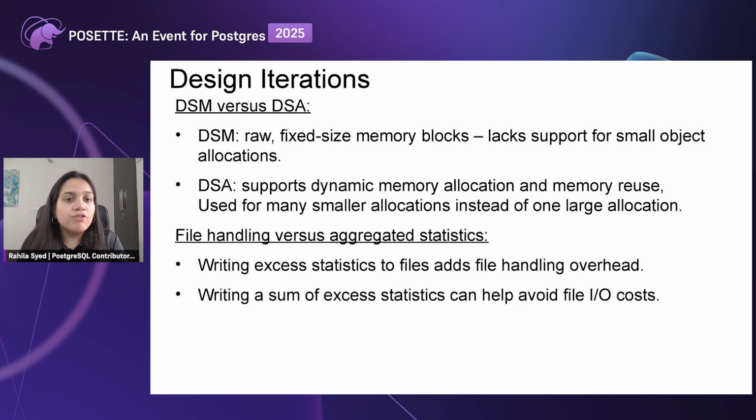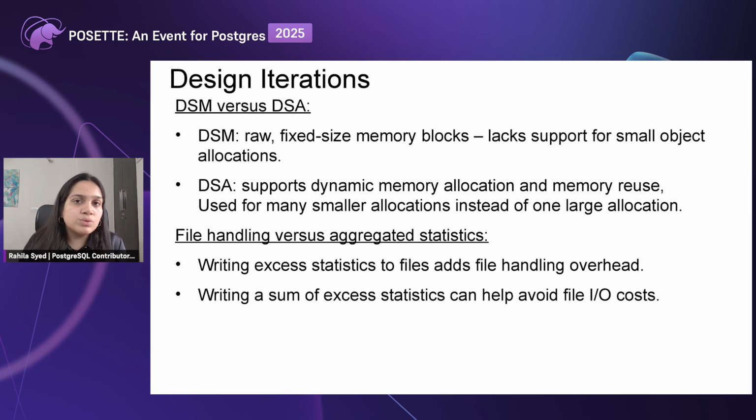Let's look into file handling versus aggregating statistics. So essentially, as I explained, the memory context can grow to a very large value, and we can't store all the contexts in RAM. Probably we don't want to use so much RAM for this particular feature. So we need to limit the memory footprint of this feature, and all the statistics that don't fit in this limit are to be probably saved into a file.